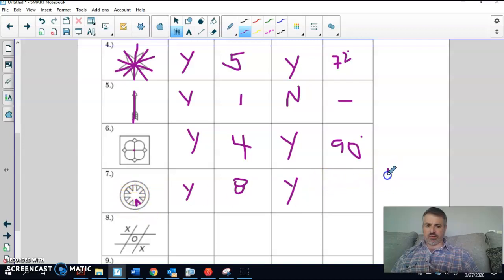So this would be 360 divided by 8 to get that rotational symmetry. And then 360 divided by 8 is 45. So the rotational symmetry on that would be 45 degrees till it maps onto itself.